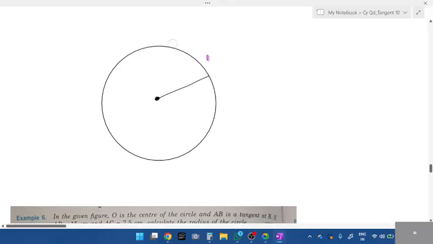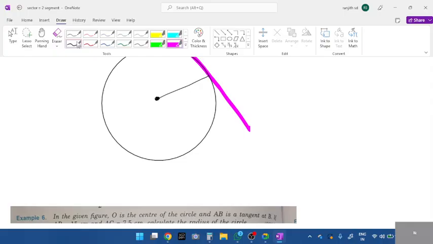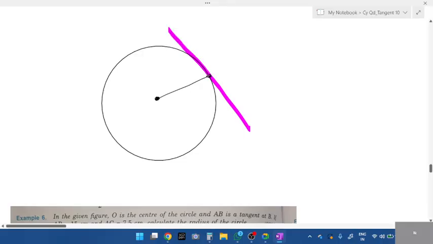Now, imagine there is a line passing through like this. Now, this point touches the tangent and the angle formed here is 90 degrees, even here it is 90. Two triangles are formed, and both the triangles are congruent. This is the first property. Right angle is formed.